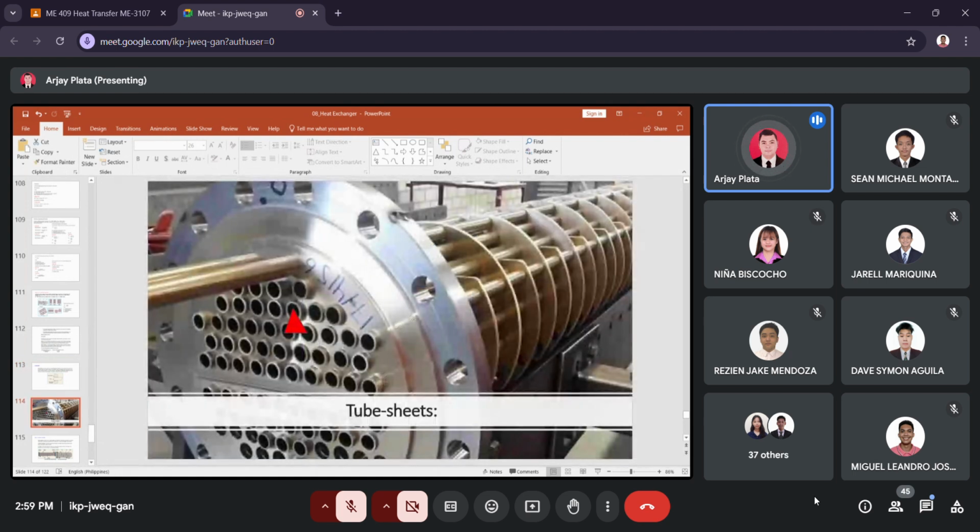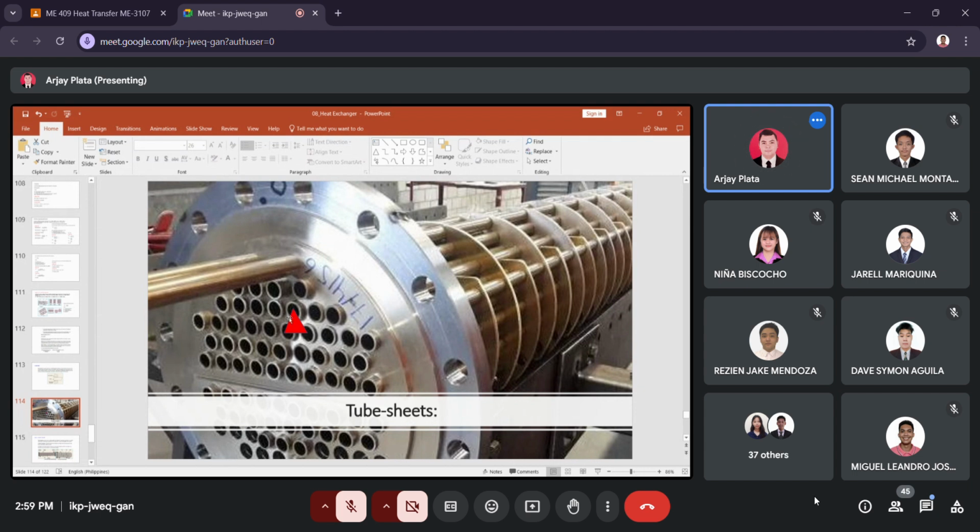So just like this one, it can be rolled here. When we roll the tube here, it expands, and eventually it will touch the tube sheet hole. So there will be no leakage. Okay.